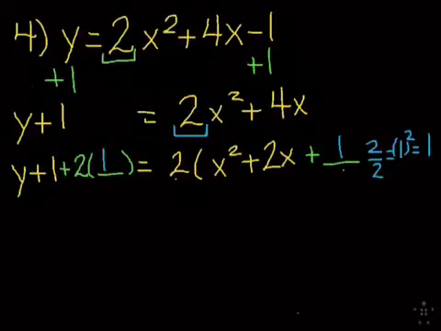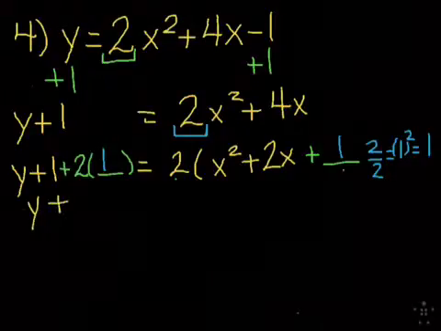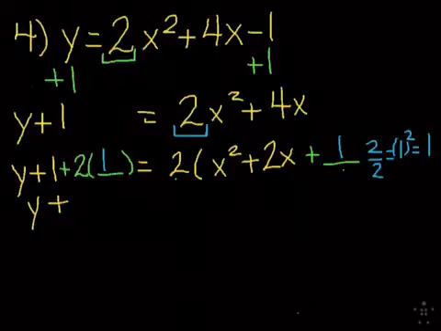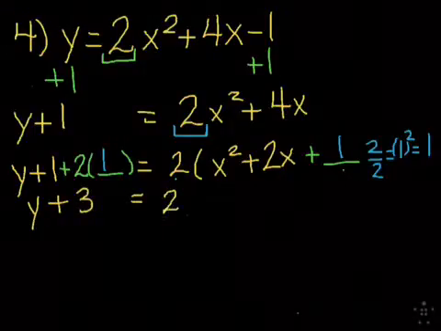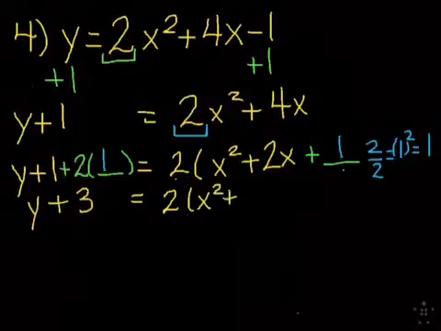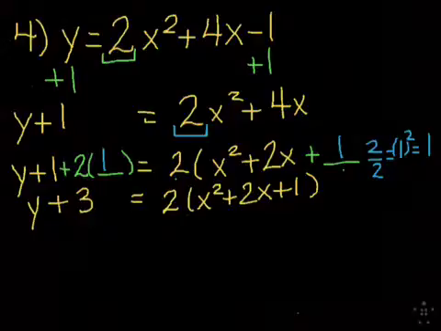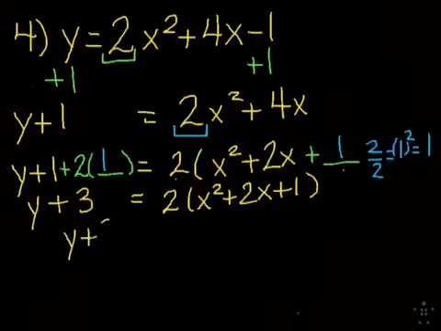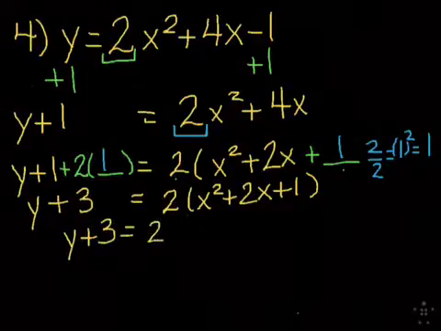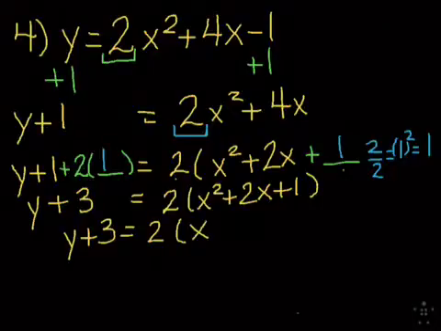So I end up with y plus 1 plus 2 times 1 is 3 equals 2x squared plus 2x plus 1. Right, so we write that right side as a square, so it's going to be x plus 1 squared.